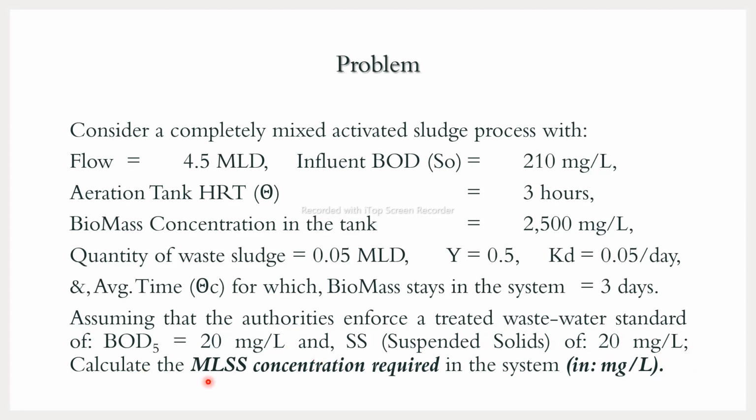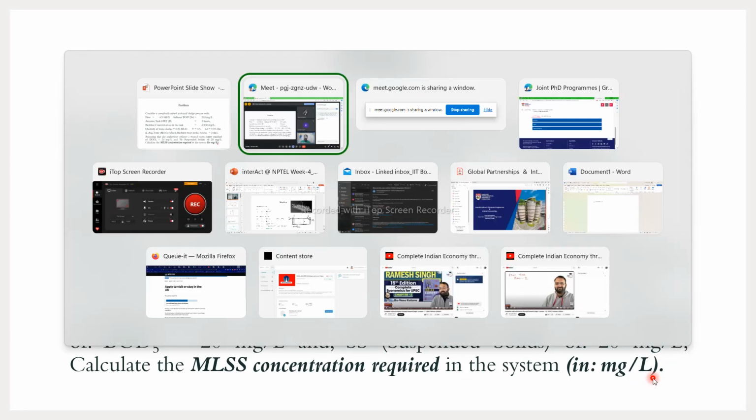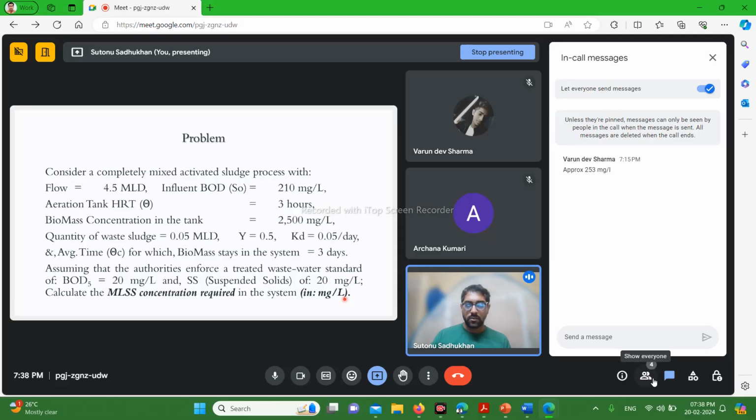Then you have to calculate the MLSS concentration required in the system. The unit is milligram per liter. Okay, so only one question is given. You have to calculate the MLSS concentration required. So it is a bit tough problem.